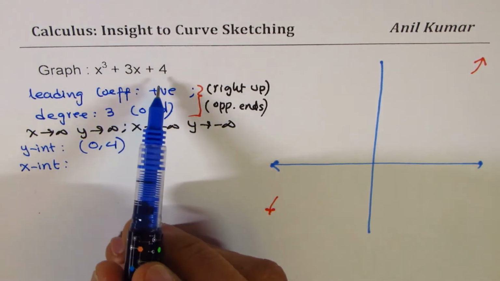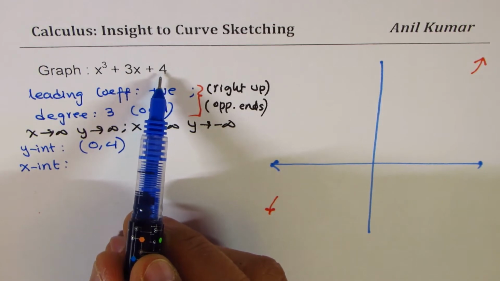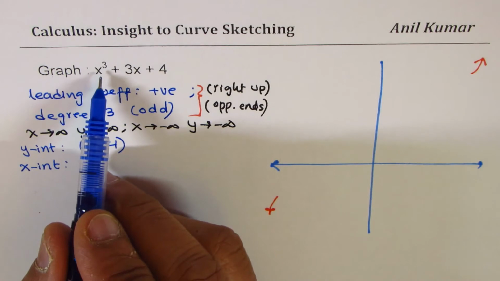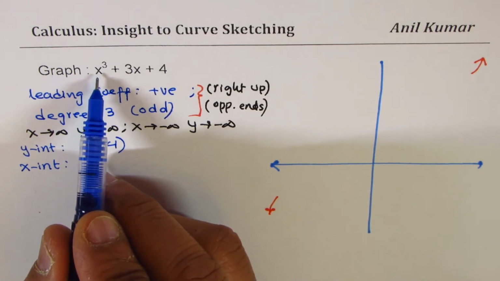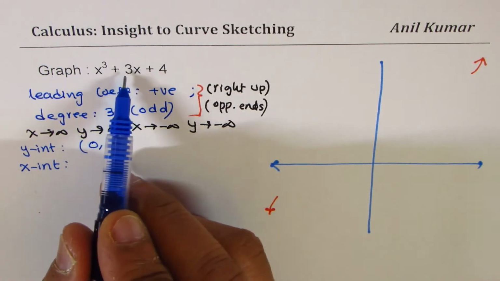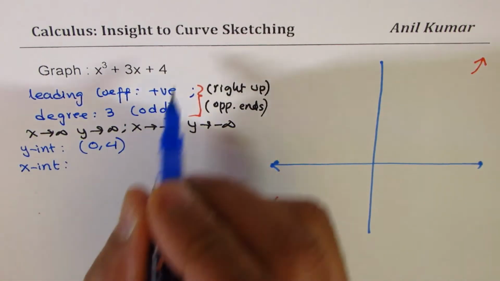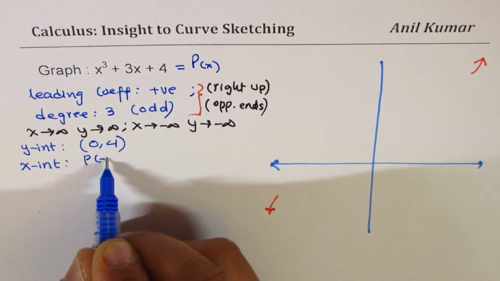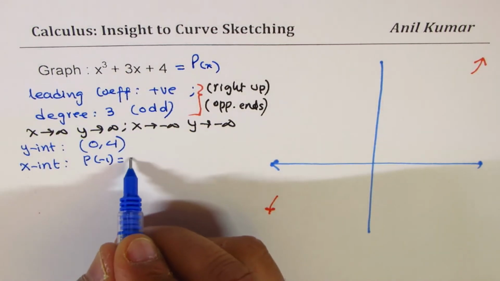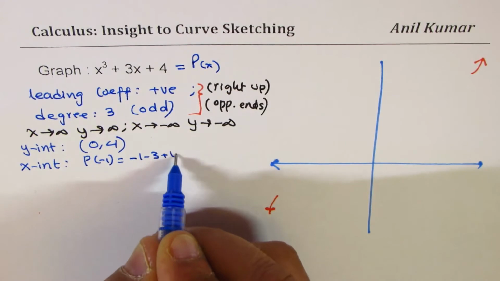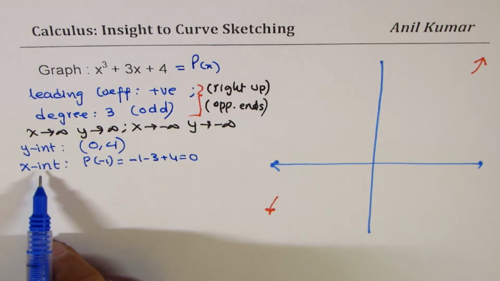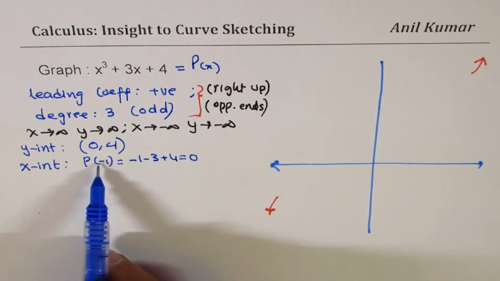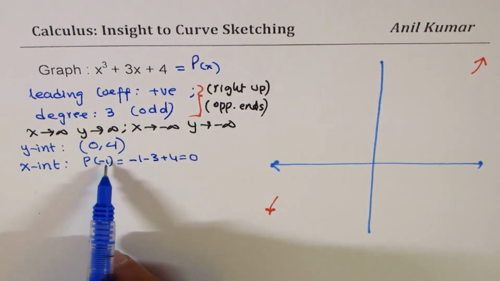Well, we have to try some values, factors of 4, plus or minus, to see if they work. If I try minus 1, I do get 0. Let's say this polynomial is p of x, then p of minus 1 equals minus 1 minus 3 plus 4, which is 0. So we do get one x-intercept very easily, at minus 1.